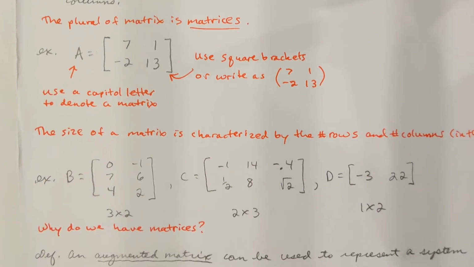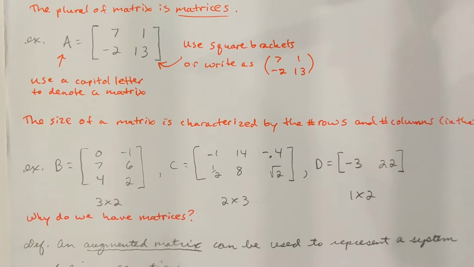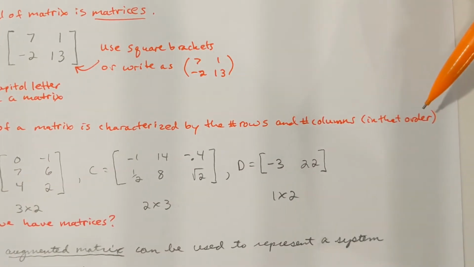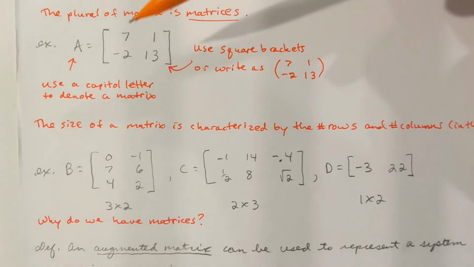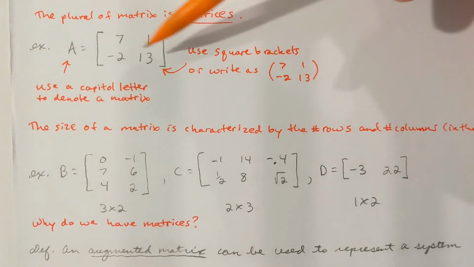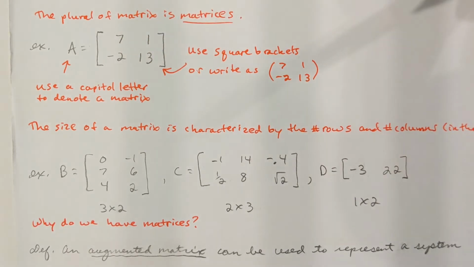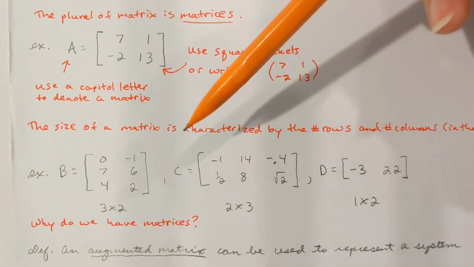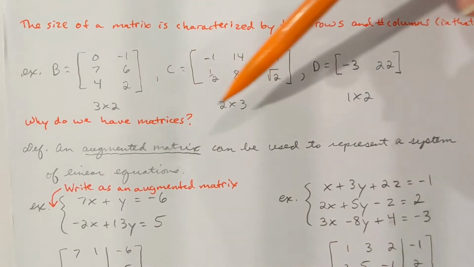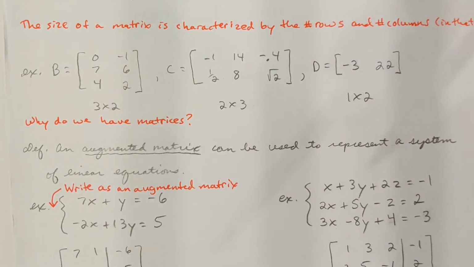One of the things that we sometimes care about is the size of the matrix. The size of the matrix is characterized by the number of rows and the number of columns, and it's got to be in that order. So matrix A would be a 2 by 2 matrix. There's 2 rows and 2 columns. Here I've got some other matrices written, and I've got the size of each matrix written below.